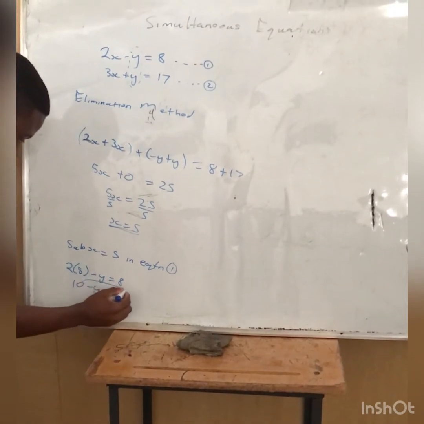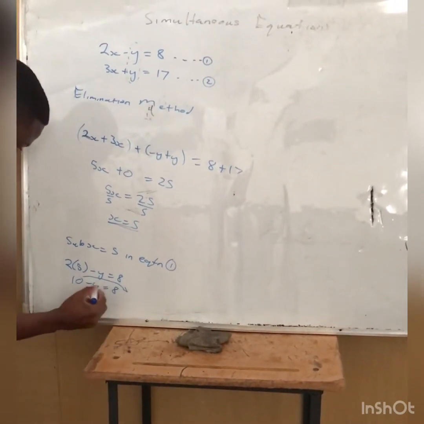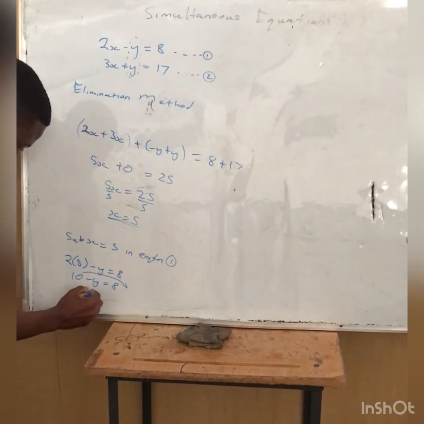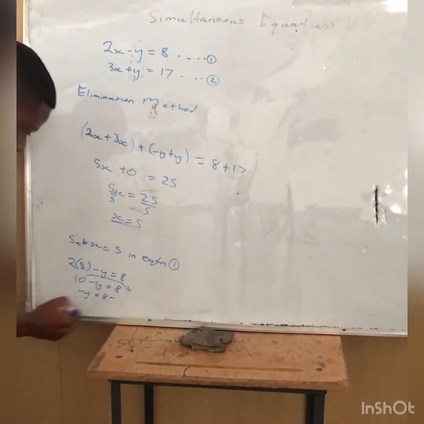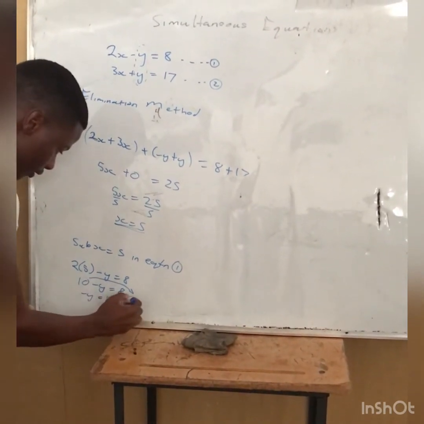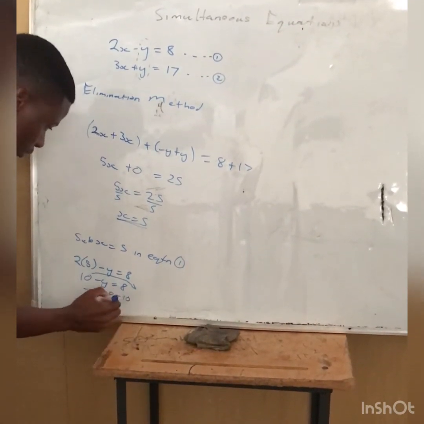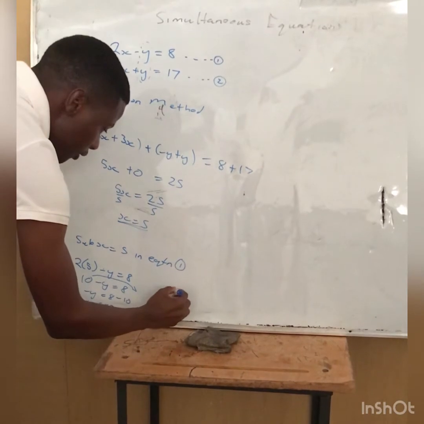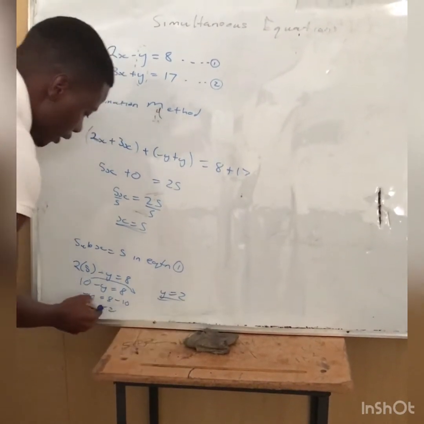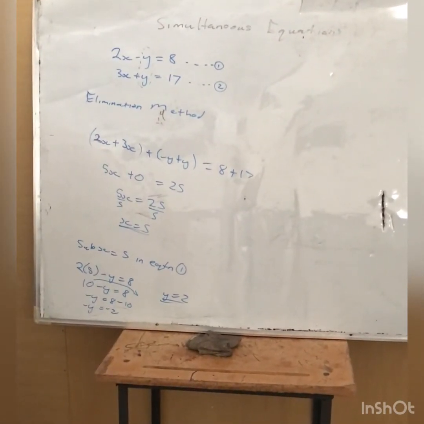I cross over my 10 to the other side of the equal sign, it becomes a negative. Therefore minus y is 8 minus 10. Therefore minus y is equal to minus 2. Therefore my value for y now is a positive 2, since we have a negative on y as well.